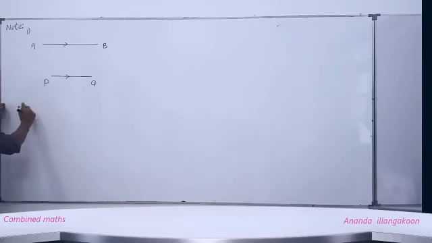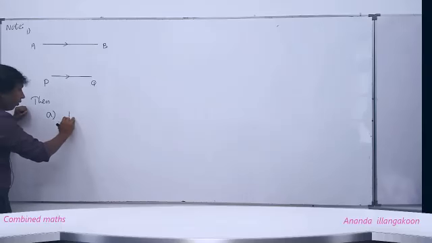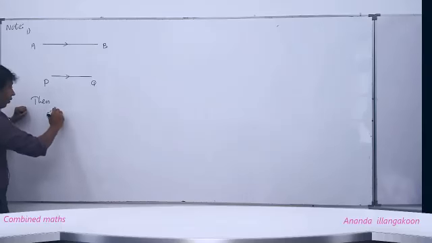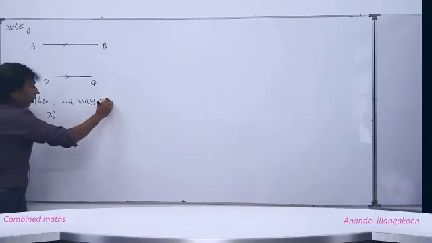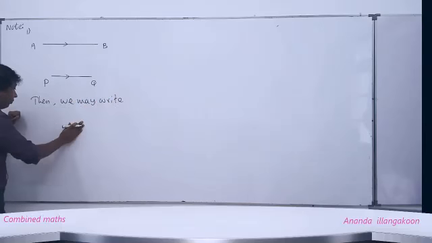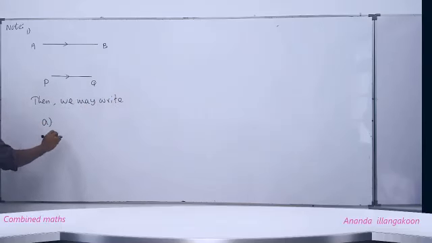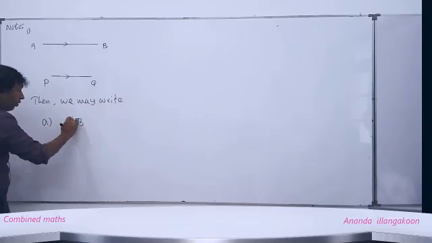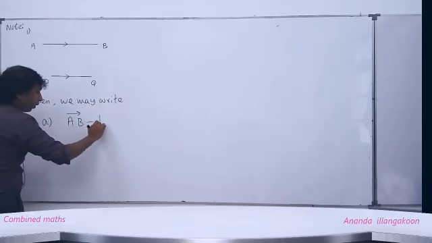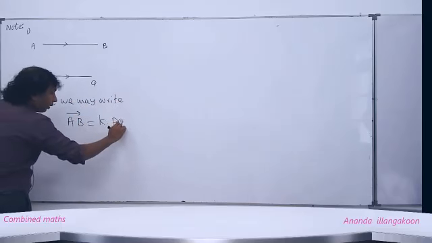Then you can write simply, we may write simply, AB vector is equal to K times PQ vector.